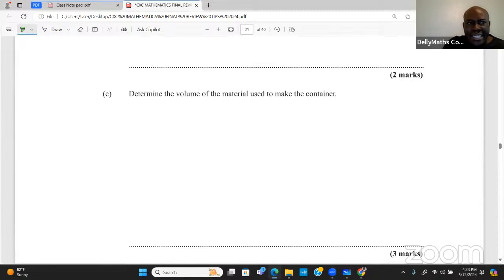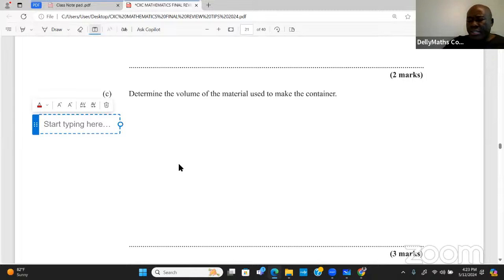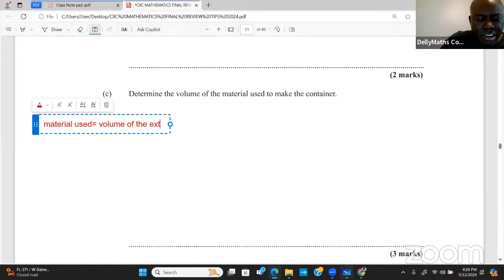Now we're going to write a statement of truth here. The statement that I want to write is that the material used is simply equal to the volume of the external, let me say external and internal.